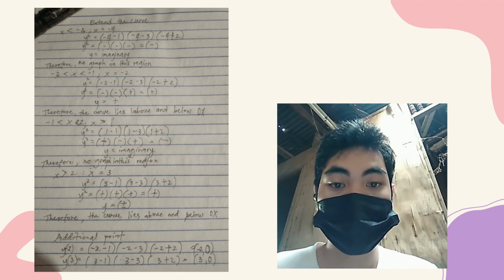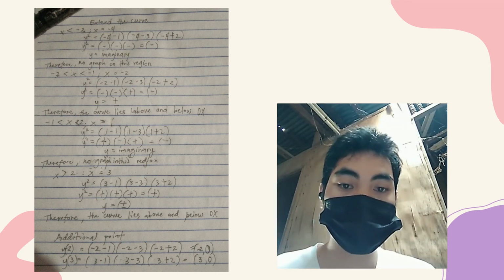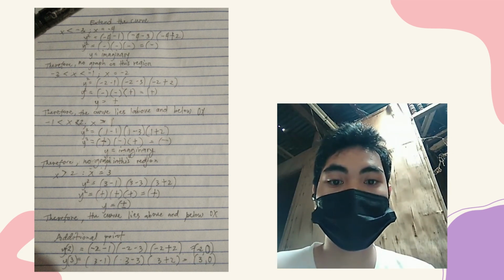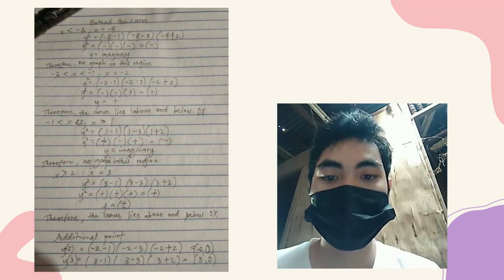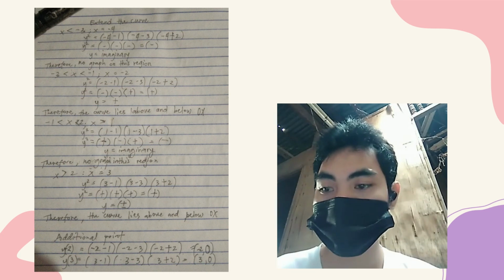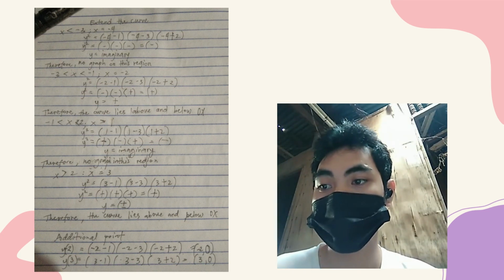And for our additional points, we will get the two forms where y is not imaginary, and this value of x is 3 and negative 2.